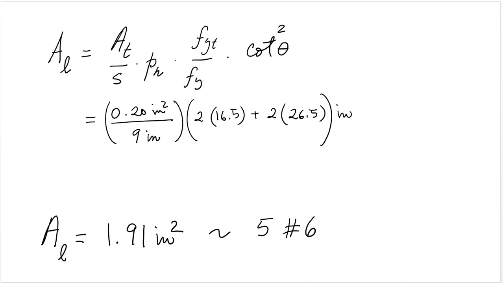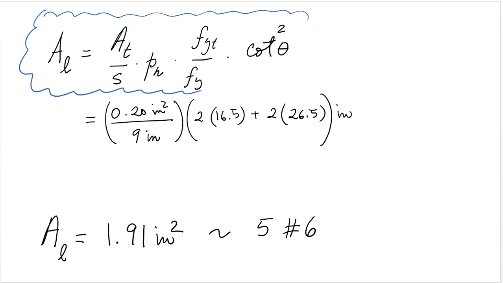For the longitudinal reinforcement needed for torsion, we are going to use the formula that I've presented in previous lectures, recommended by ACI, which is this right here. And we have At over s times Ph times the ratio of fyt and fy times the cotangent square of theta.